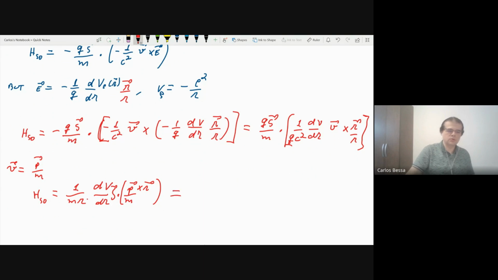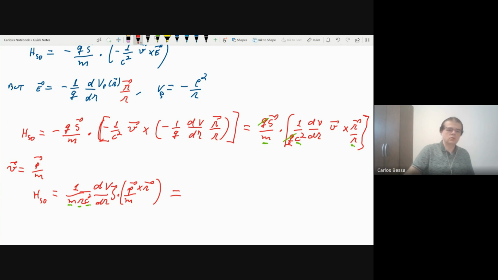So the c squared is here, this r is this denominator, this m is this m, the q goes away, and this extra m and p is the v.